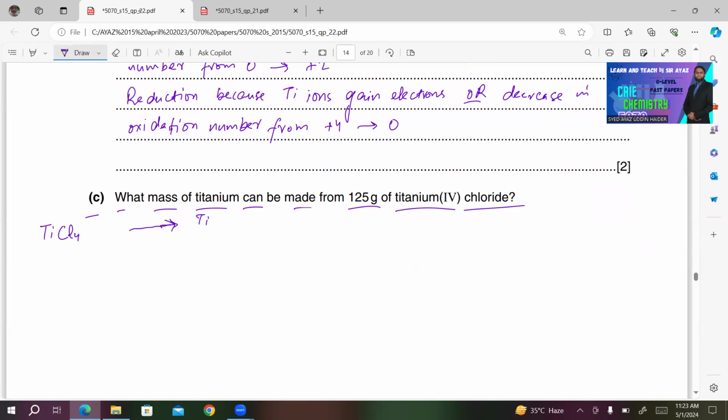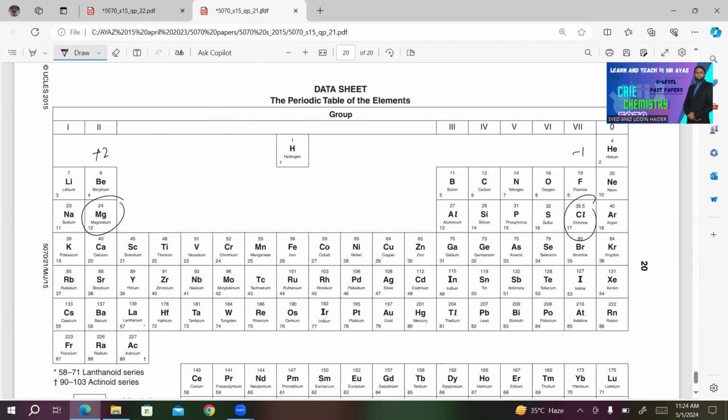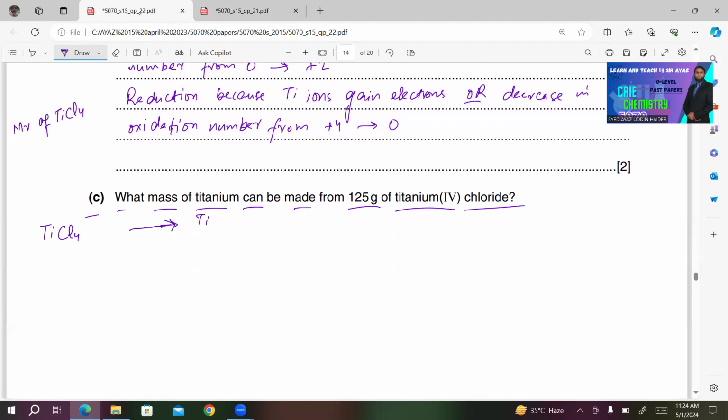What about the MR of TiCl4? MR of TiCl4: here is Ti, 48 is the AR of Ti. What about chlorine? It's 35.5.